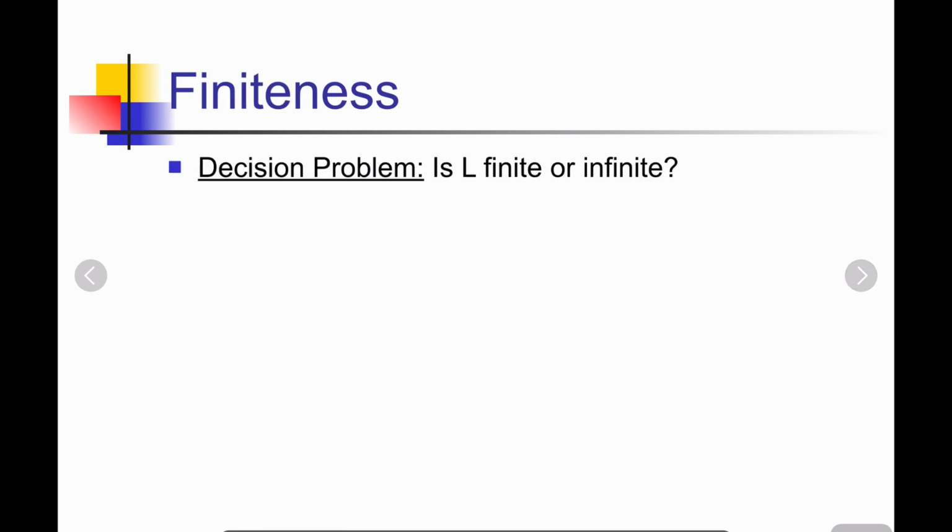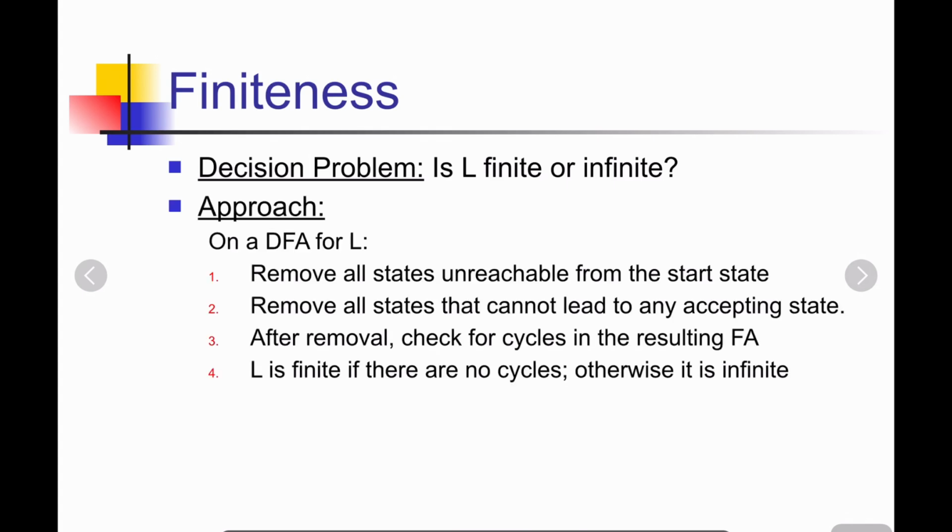Finiteness: what is the decision problem? Is L finite or infinite? The approach is again on the DFA. Remove all states unreachable from the start state, and remove all states that cannot lead to any accepting state.